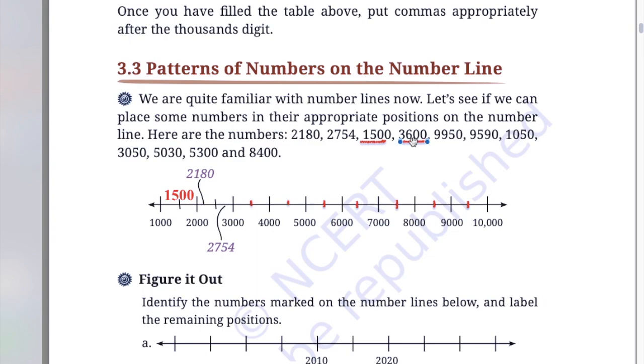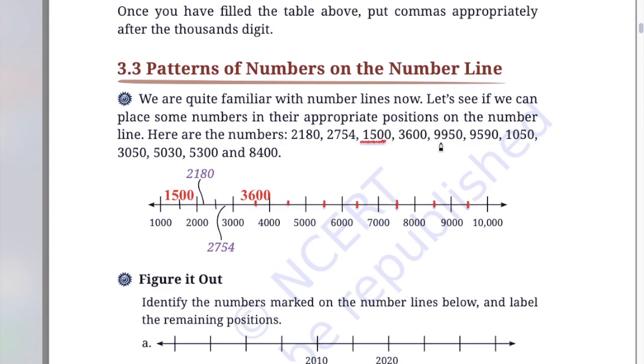That means this is 3500, so this point will give you 3600. It is a little bit, 100 more than 3500, so it will be somewhere here.